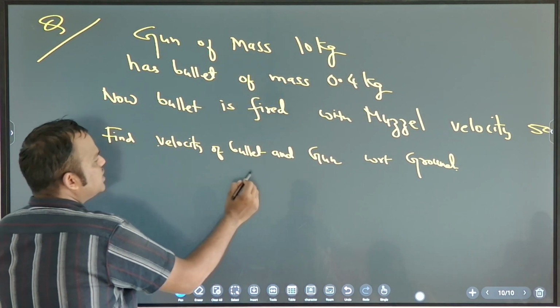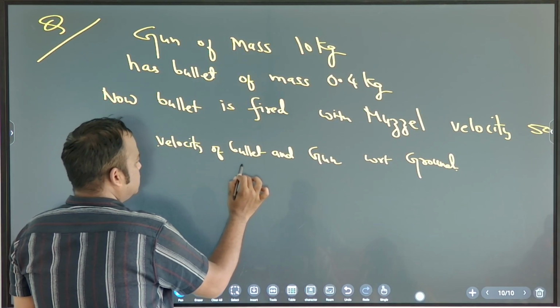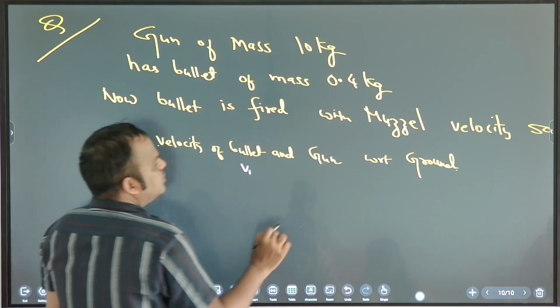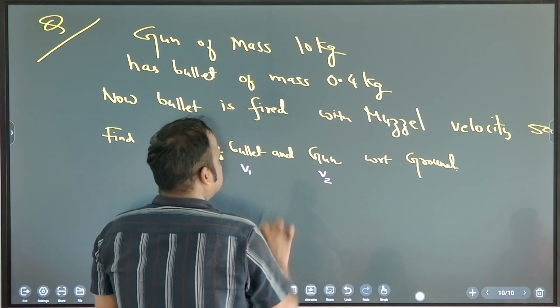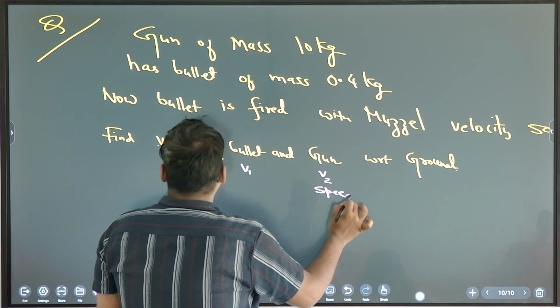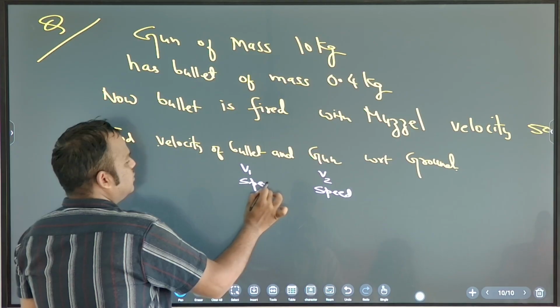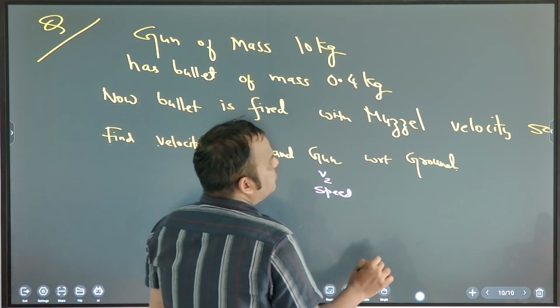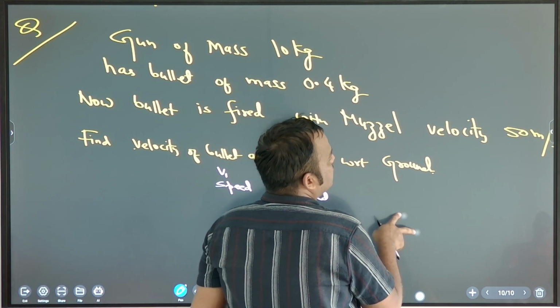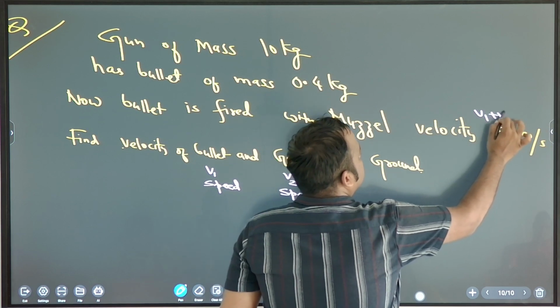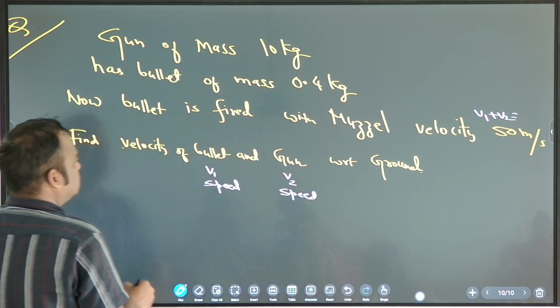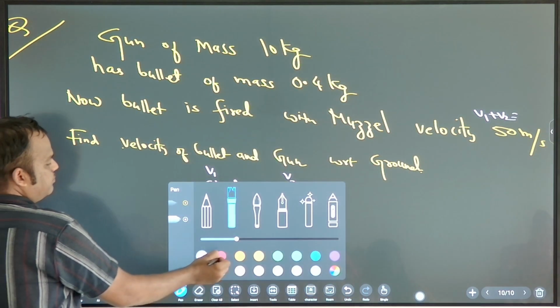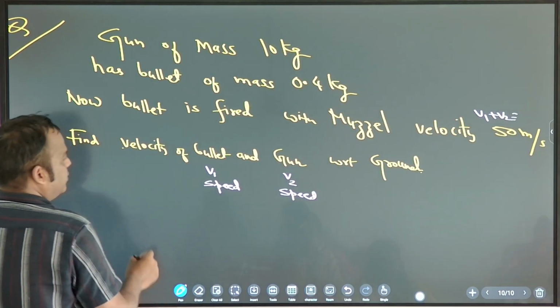What am I asking? Velocity of bullet means v1. And I am asking the speed of gun, v2. These are the speeds. What is given? v1 plus v2, the muzzle velocity, is given.